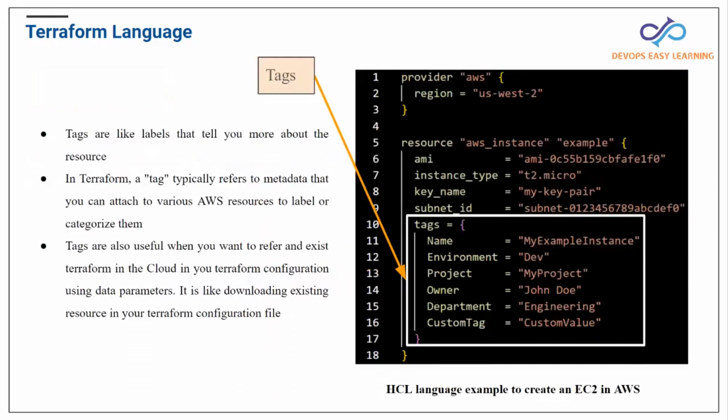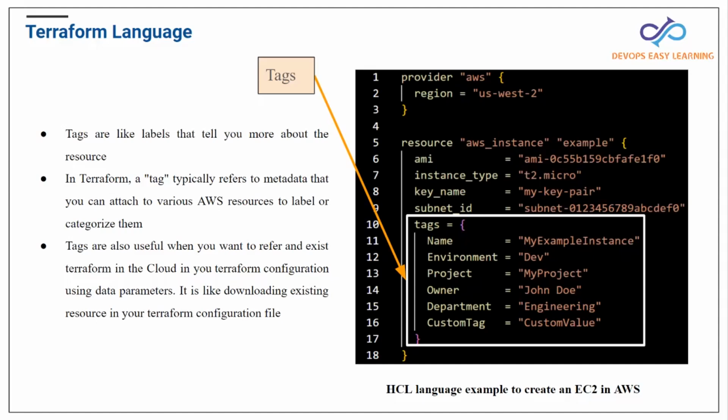And what is a tag? Tags are just like labels that tell us more information about the resource. Like in Kubernetes, you can label a resource, right? Even in a Dockerfile, when you put a label, it is just for more information.